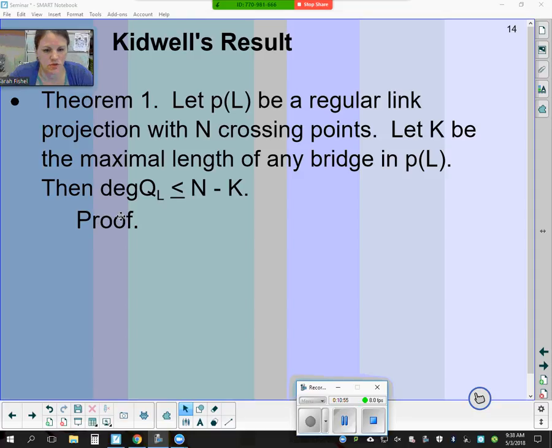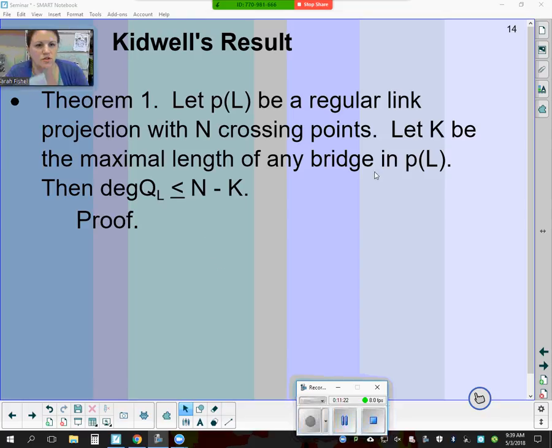What we are going to do is we want to show that there are no projections that violate this theorem. So we want to assume we do have a counterexample. So suppose our projection, P of L, is a counterexample. Suppose it has the smallest possible number of crossings, and we'll still go with the maximal length of any bridge.